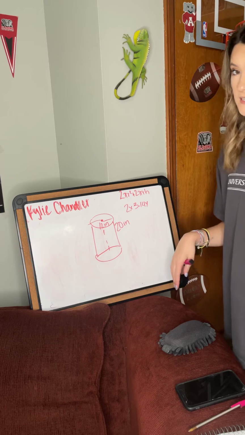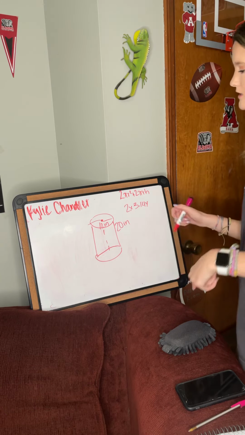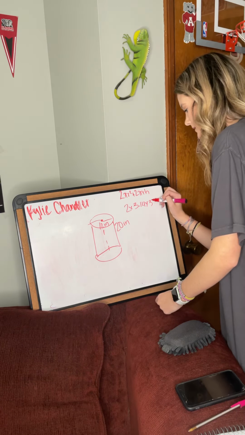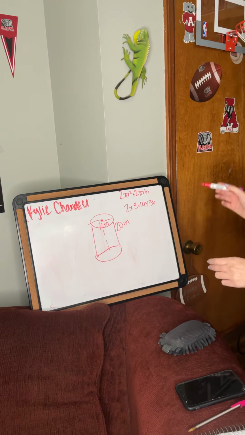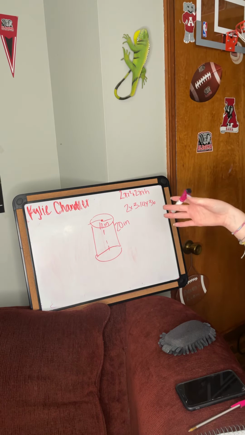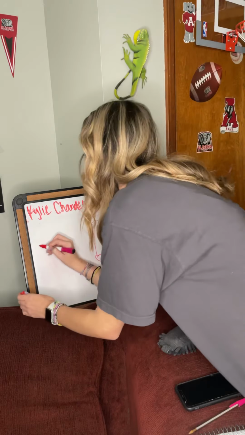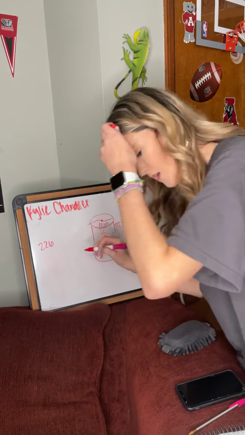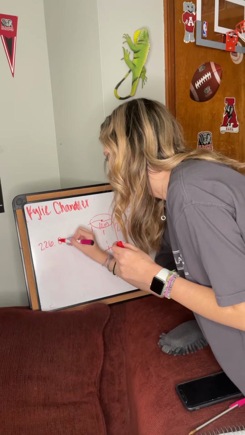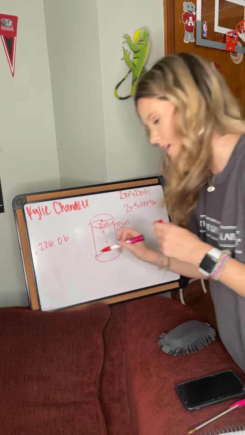Half of 12 is 6, and then we square 6, so we have 36. And then we get the answer for that, which is 226.06, and we're gonna add it with the second half of the formula.